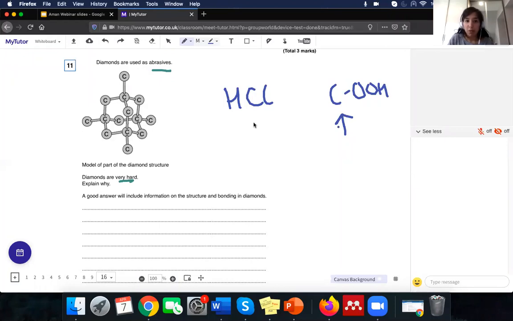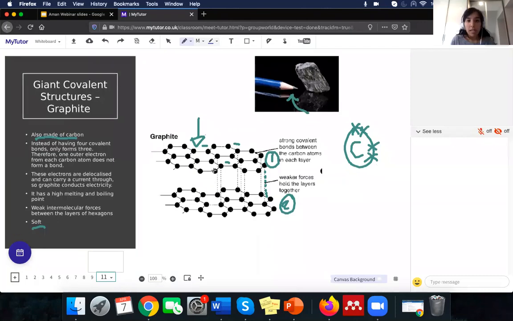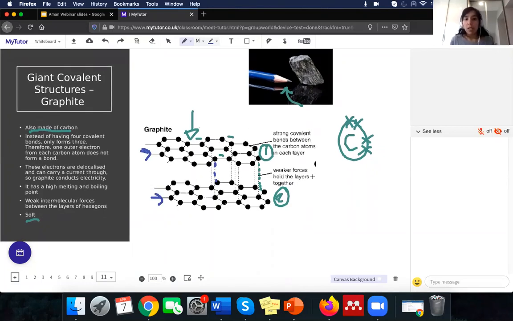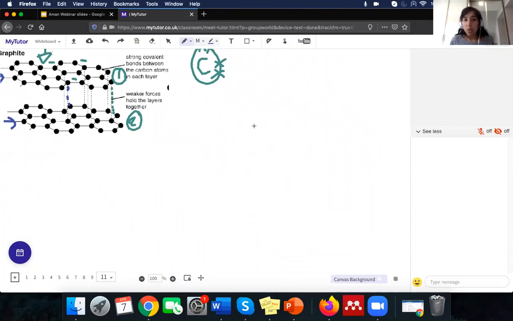And intermolecular forces, they are the forces between molecules. So there's a few different meanings. In graphite, if I go back to graphite, here it's the forces between layers. If you imagine this is one molecule almost, because all the carbon atoms are bonded together, that is one molecule. And therefore, these intermolecular forces are acting between another layer or another molecule. In simple molecules, which is what most nonmetals will form, if you think about chlorine, it goes around in pairs like this, and there's a single covalent bond between chlorine atoms.